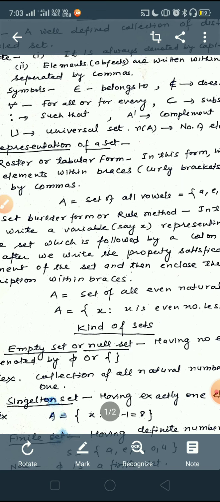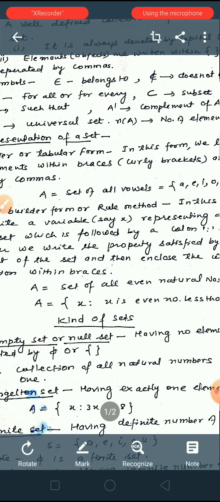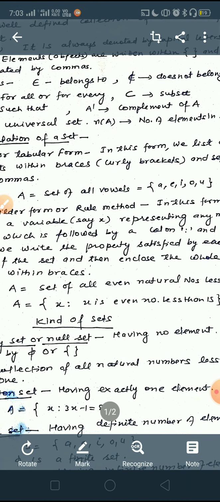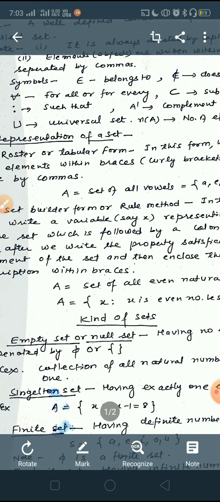As you know, in the English alphabet there are 5 vowels: A, E, I, O, U. So we write within braces A, comma E, comma I, comma U, comma O. This is our roster form.